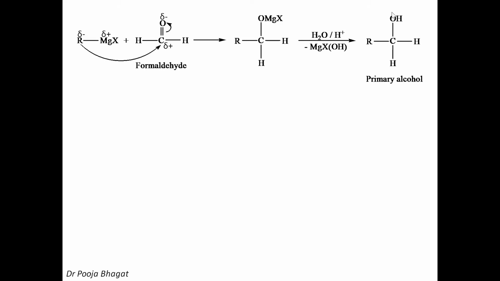The carbon to which the OH group is present, if one alkyl group is attached to it, then it is called primary alcohol. So on this carbon to which OH is attached, only one alkyl group is there, so this is primary alcohol. So you can easily prepare primary alcohol by treating Grignard reagent with formaldehyde.